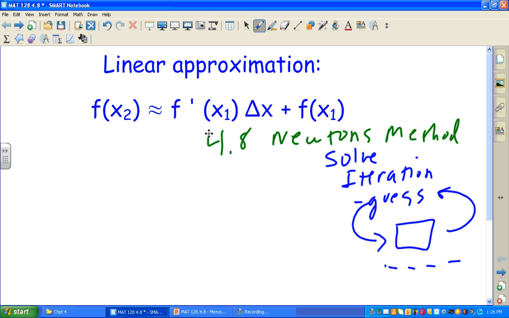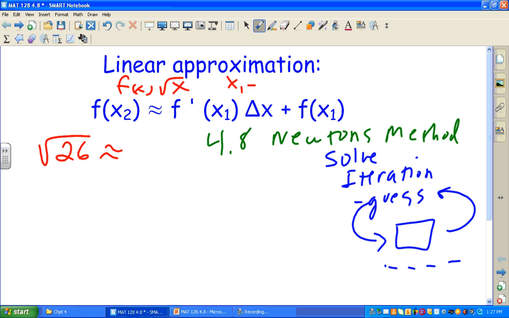So this topic on linear approximation, do you remember what we used it for way back when? Right, we found the square root of, say, 26. You want to find the square root of 26. So we said that was approximately equal to, and we said f of x equal to square root of x. We took the derivative of our guess.